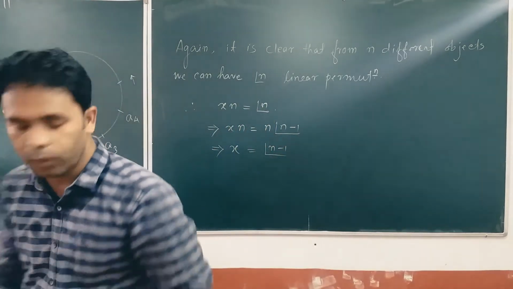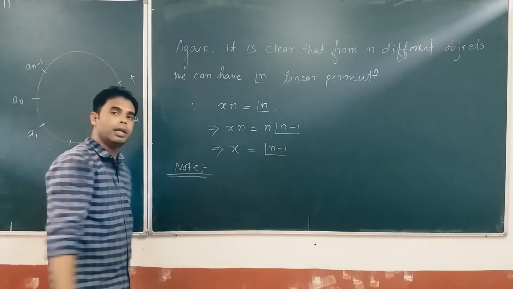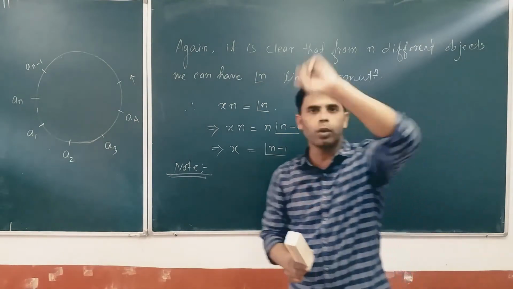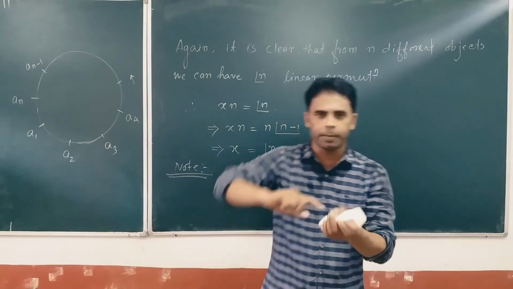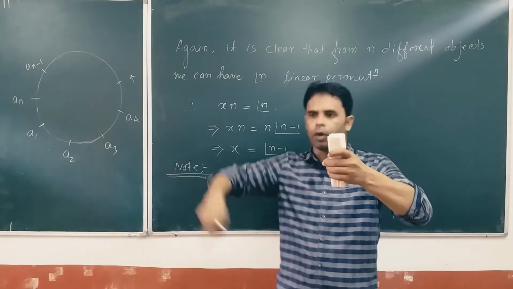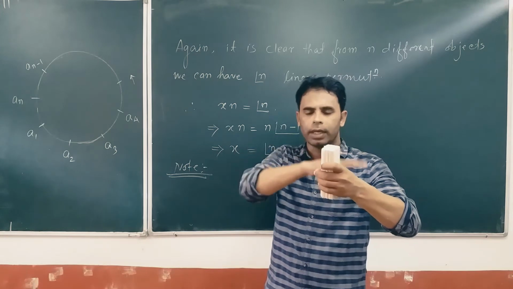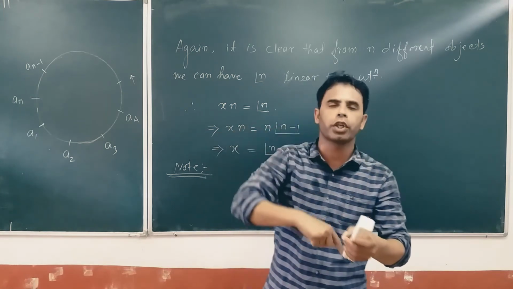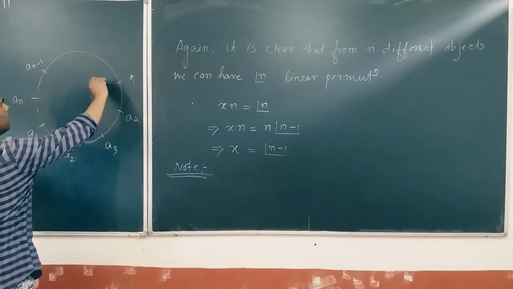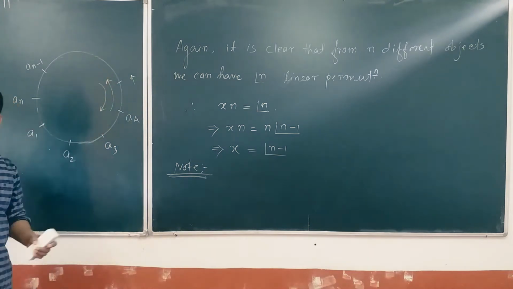But here one thing, you have to write a note here. Actually in circular permutation এর ক্ষেত্ৰত the clockwise and anti-clockwise, clockwise mean ঘড়িৰ কাটাৰ দিশত এনেকে যদি মই আগবাঢ়ো, and anti-clockwise mean opposite to the direction of the dial of a watch. তাৰ মানে এইটো ফিগাৰত যদি মই কওঁ in this way it is clockwise and in this way it is anti-clockwise.